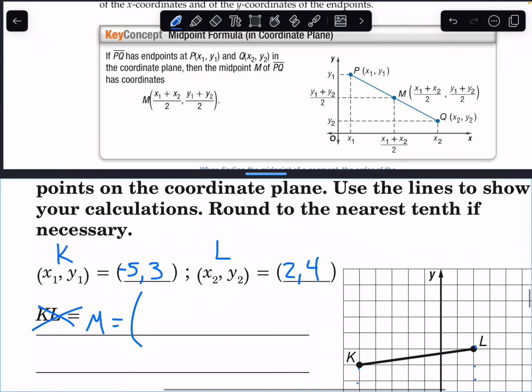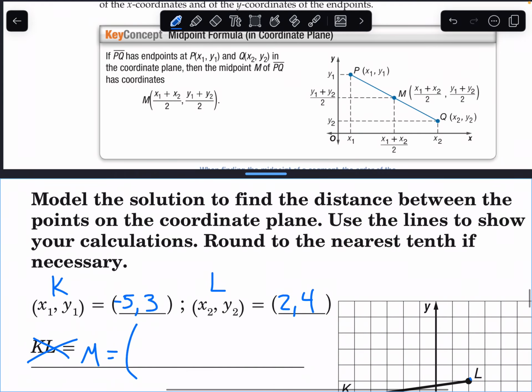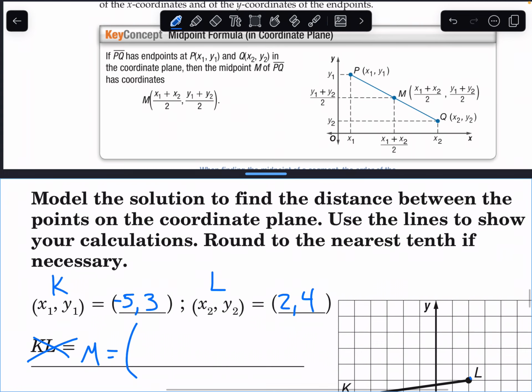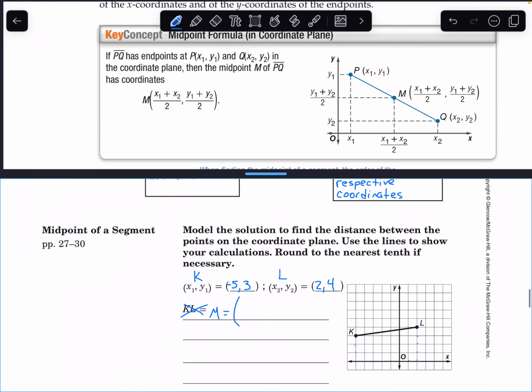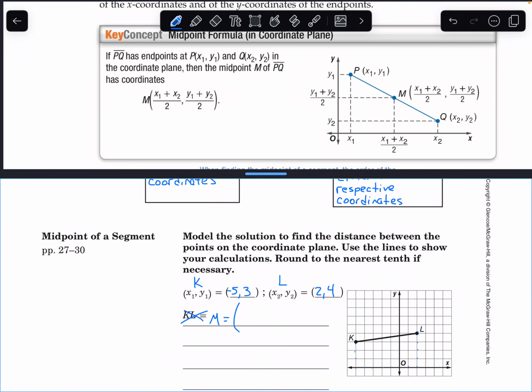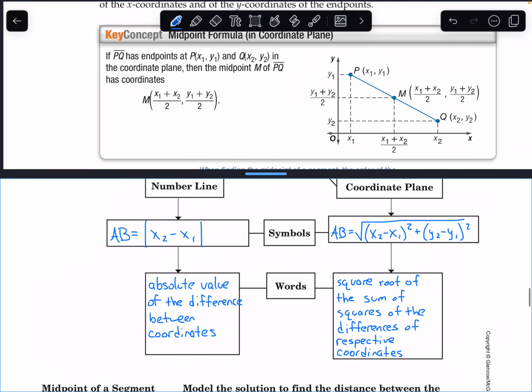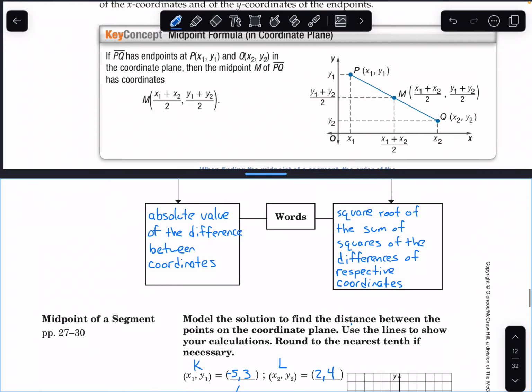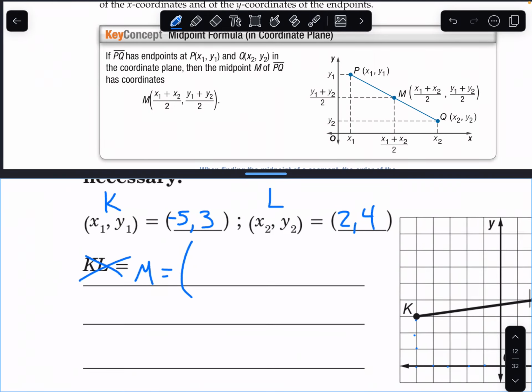Use the line to show your calculation. Model the solution to find the, no, it says distance between the coordinates, but that's definitely the heading for midpoint of the segment. Book. Okay, all right, you say so, book. You know what, let's do both.